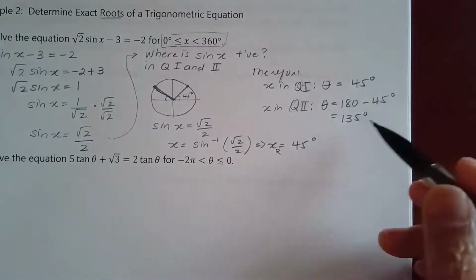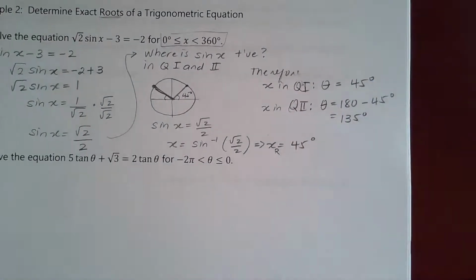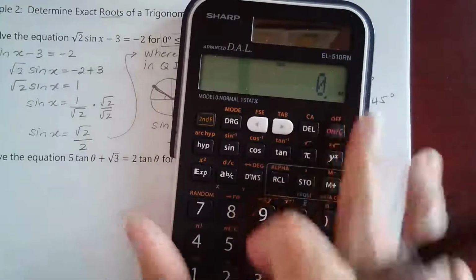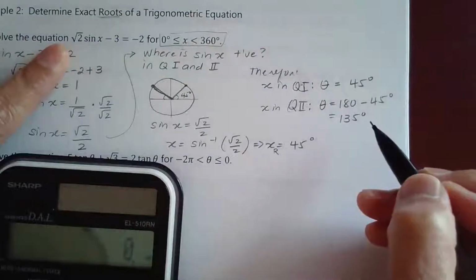Now we're going to take a look. Is our answer correct? We have to check if our answer is correct, so I'm just going to do that on my calculator.